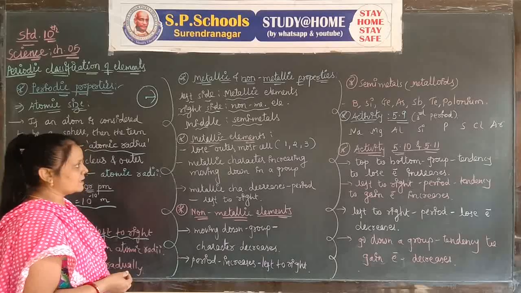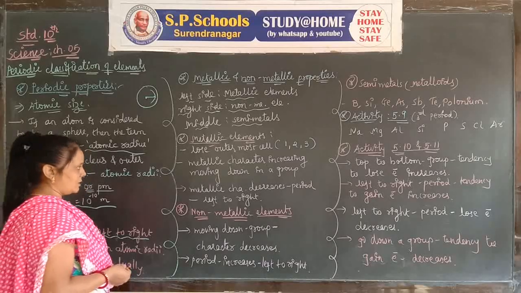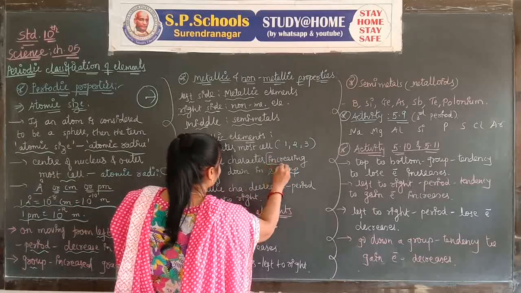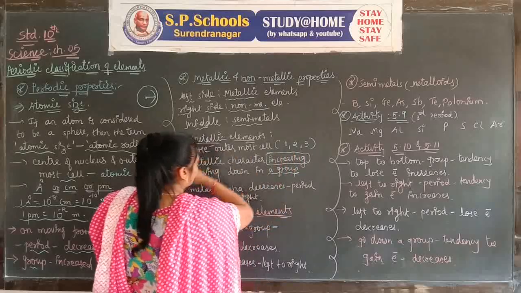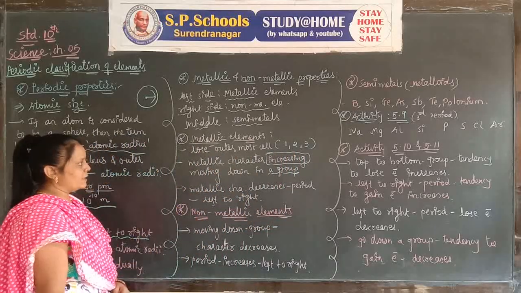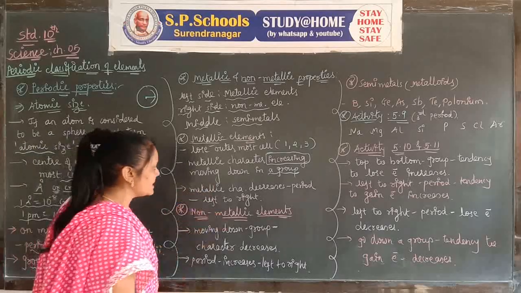Metallic character increases on moving down in a group. Metallic character decreases in a period.